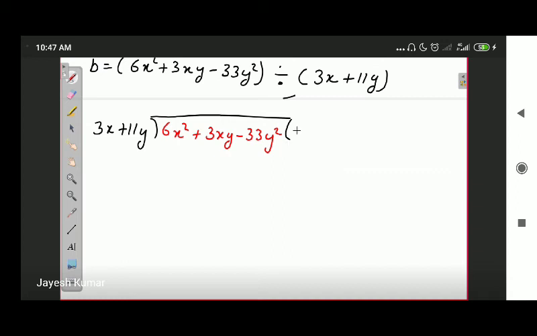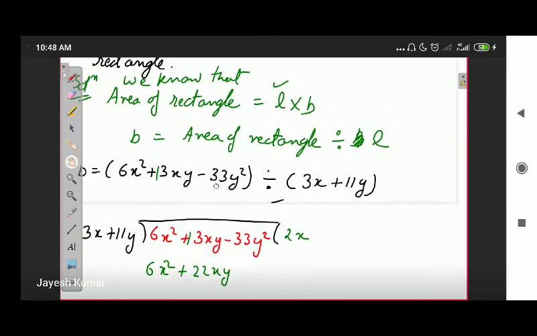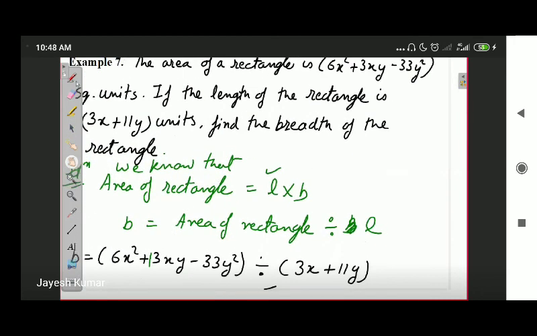That is easy, 2x. So 2x into 3x is 6x square. 2x into 11y is 22xy. This is 13, not 3, 13. Here it is 13.